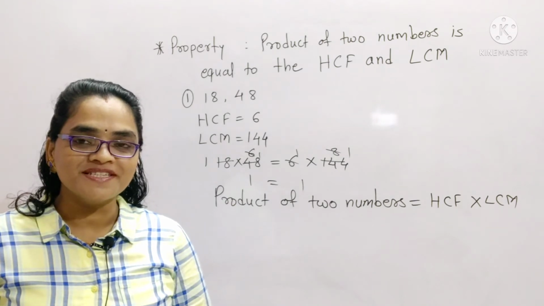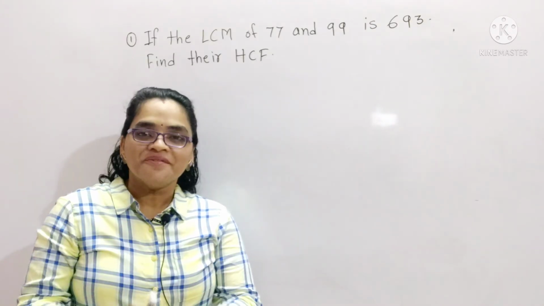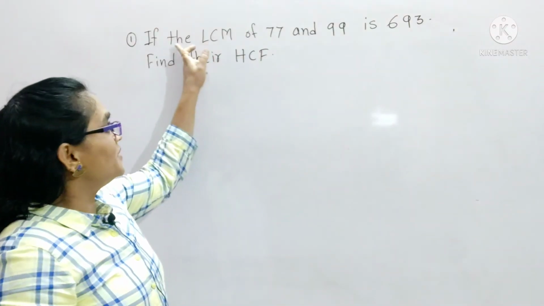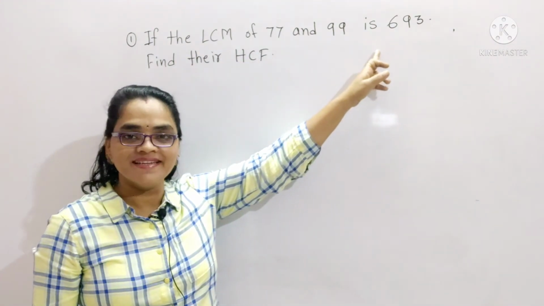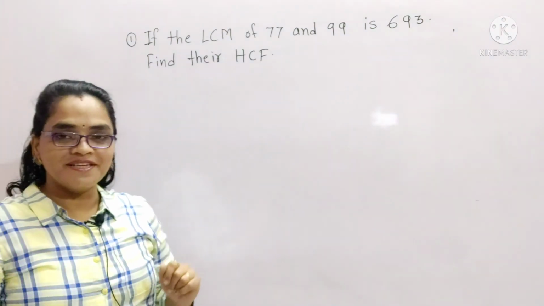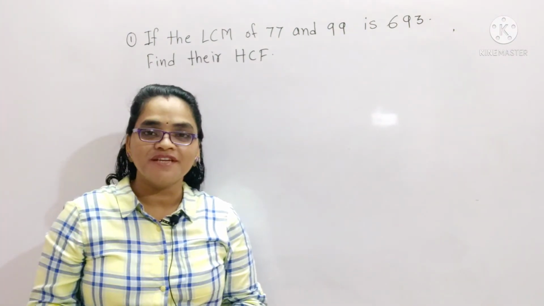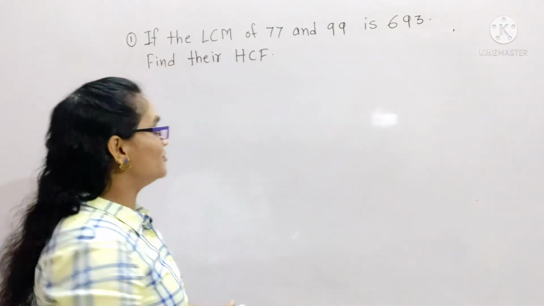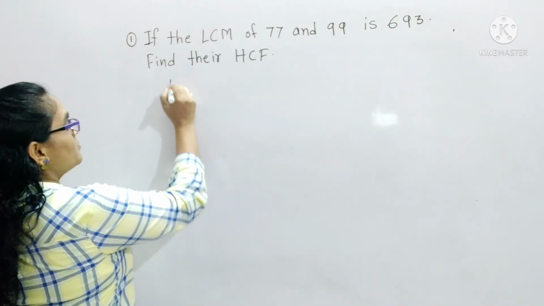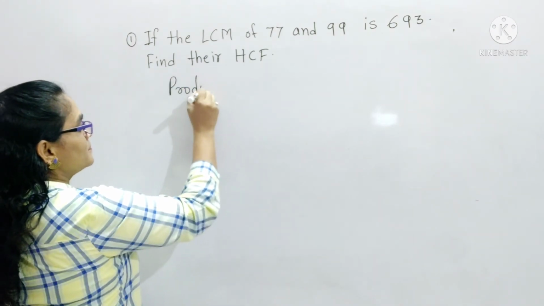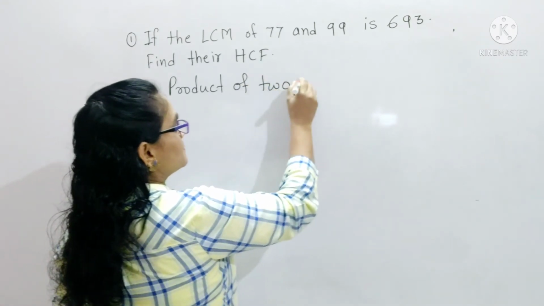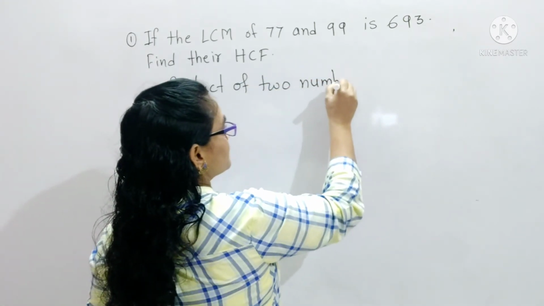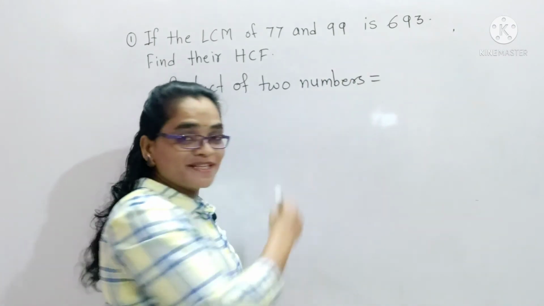See, what is the first word problem? What is the question? If the LCM of 77 and 99 is 693, find their HCF. Now, when you get questions like these, I just have to write the formula. What is the formula? The product of two numbers is equal to what?